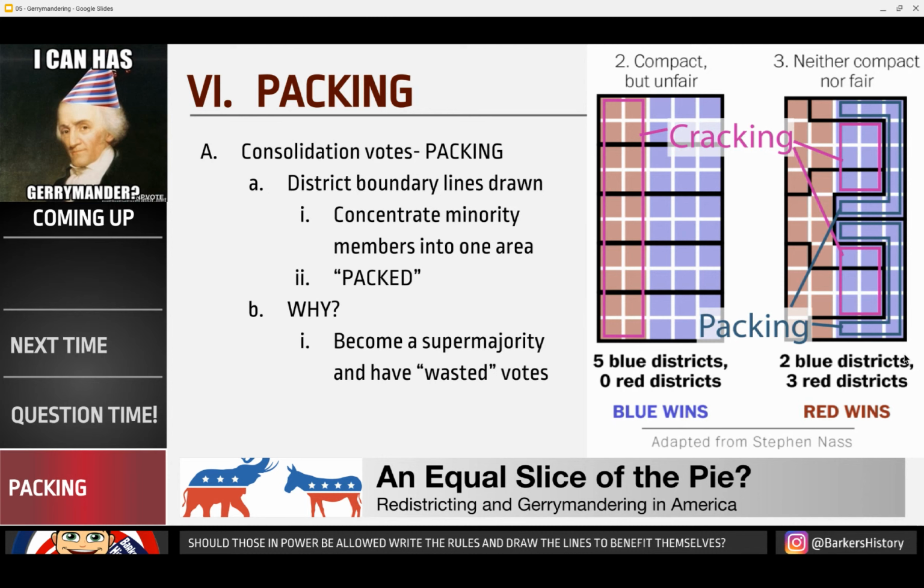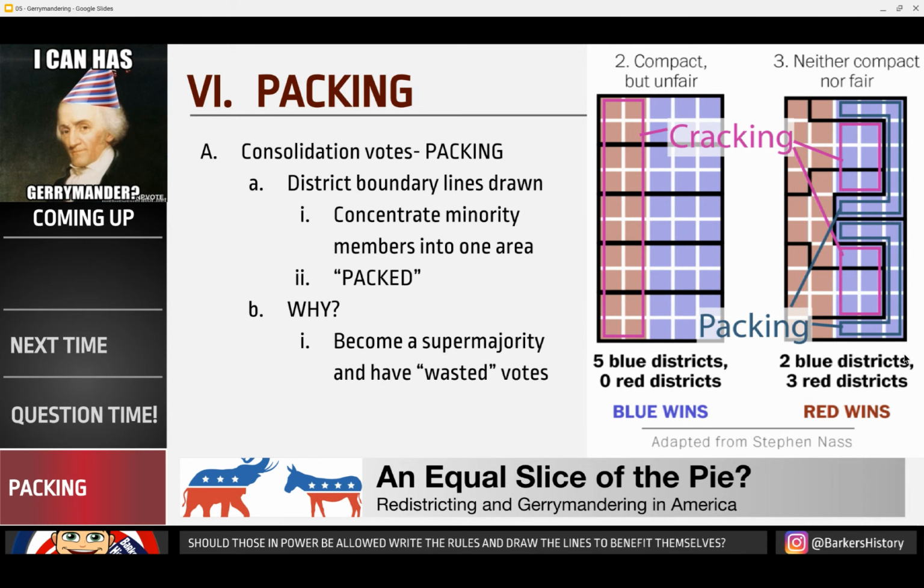And in this case, you can see here, actually, the red team wins, not the blue team, because they end up getting 3 districts versus 2, even though they're at almost a 2-to-1 difference in the actual vote. So packing concentrates minority members into one district area. It packs them all in. Why would you want to do this?